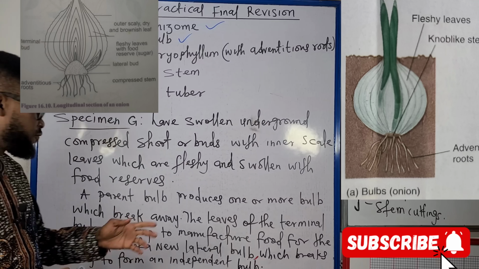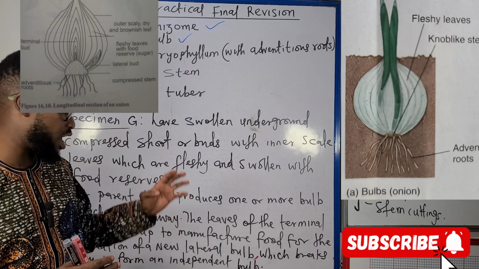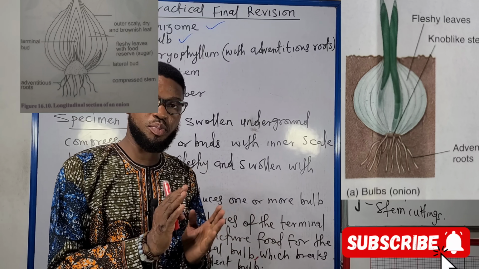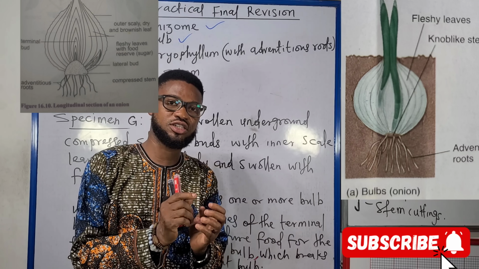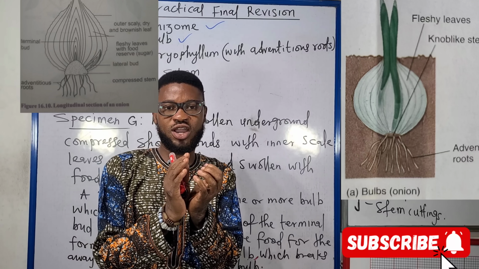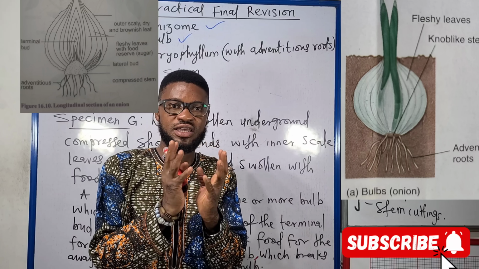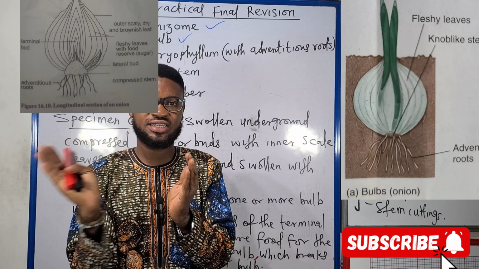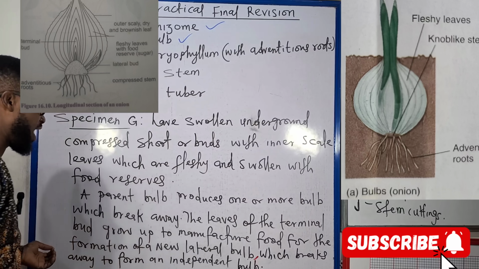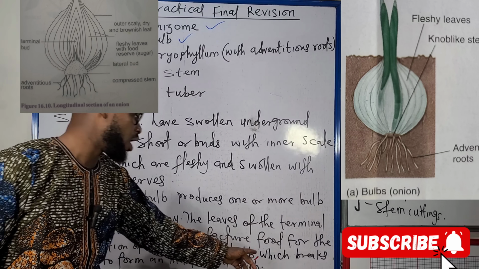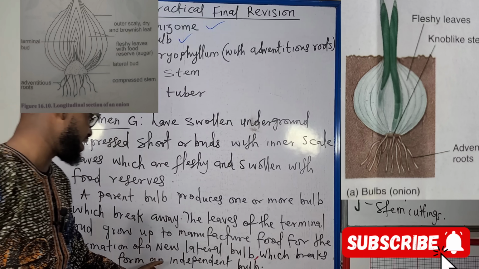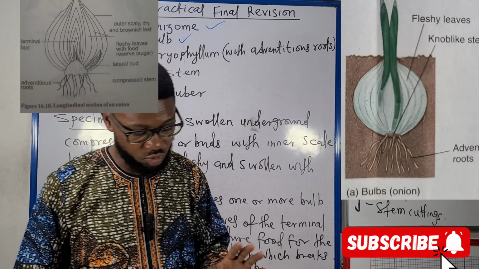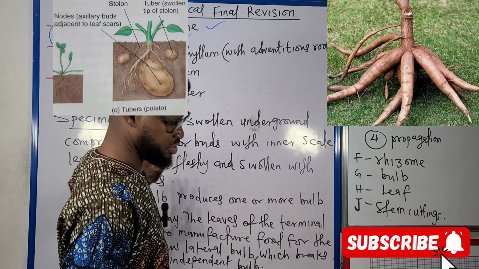So to manufacture food for the formation of a new lateral bulb, it is this lateral bulb that now breaks away. That's why with your onion, you see some of them look as though they are two. They are always breaking off by the side. So what we have here is that the lateral bulb breaks away to form an independent bulb. So that ends specimen G.